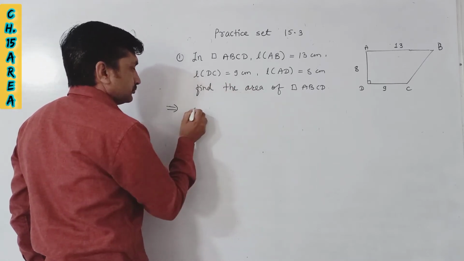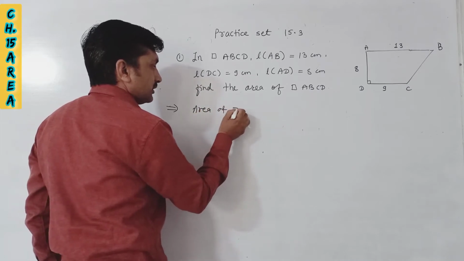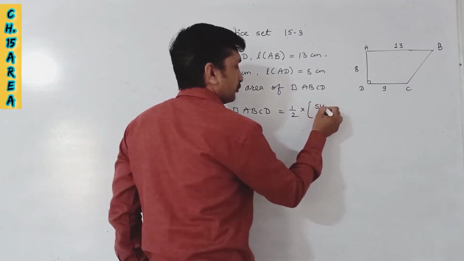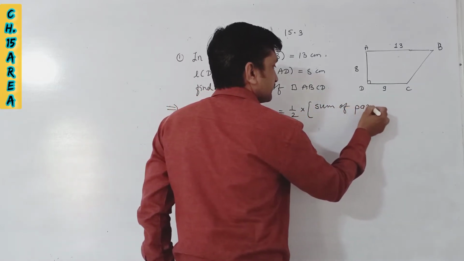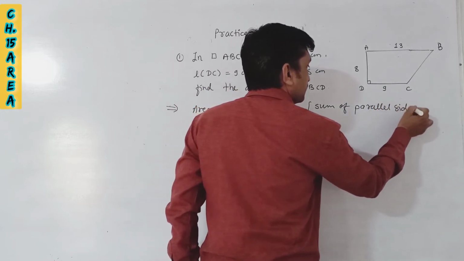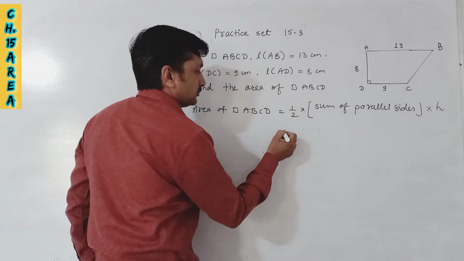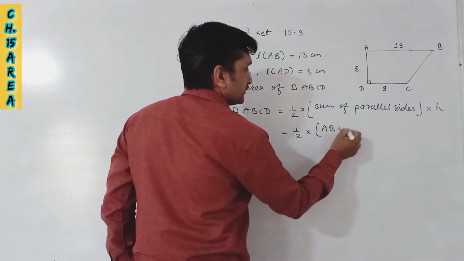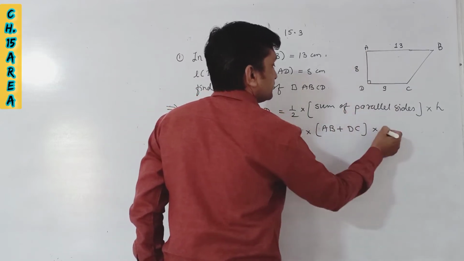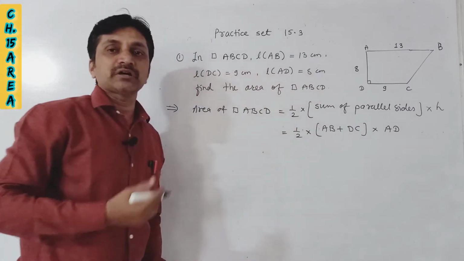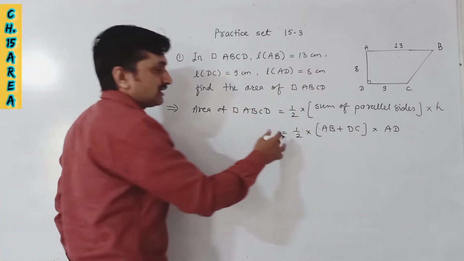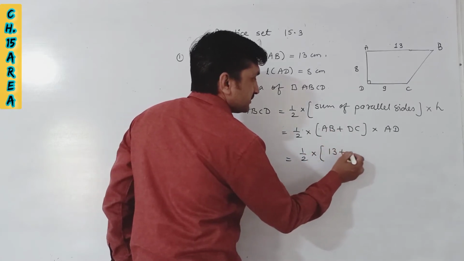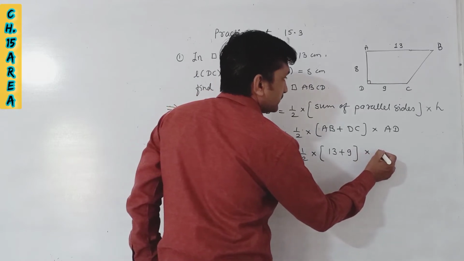Area of quadrilateral ABCD is equal to, write first the formula, half into sum of parallel sides multiplied by height. Half multiplied by, now parallel sides are AB plus DC multiplied by height AD, because here in this quadrilateral names are given to the segments. That's why we have to write their names first. And now put values. Half multiplied by AB is 13 plus DC is 9, bracket close, multiplied by AD means height is 8.